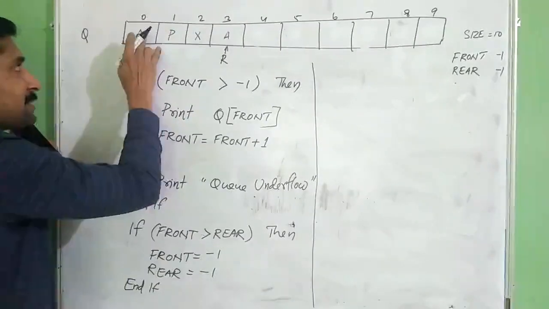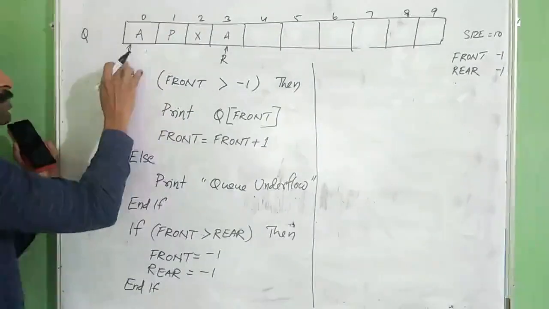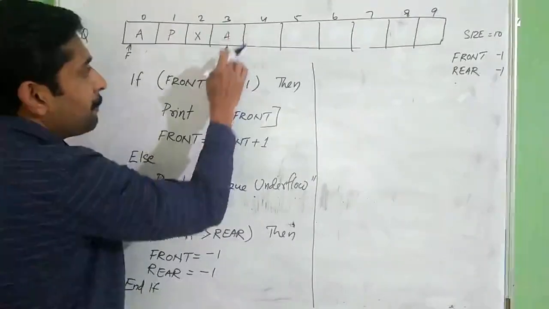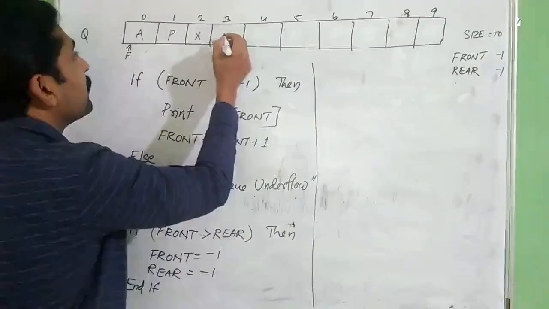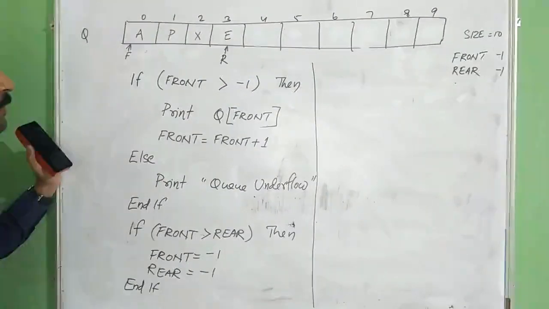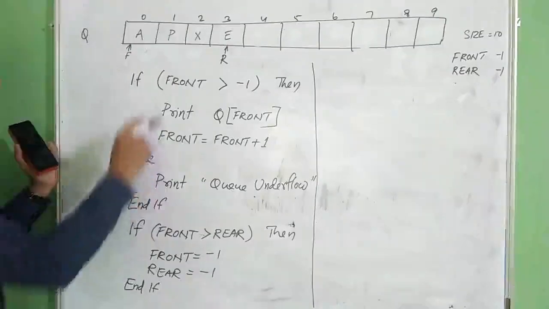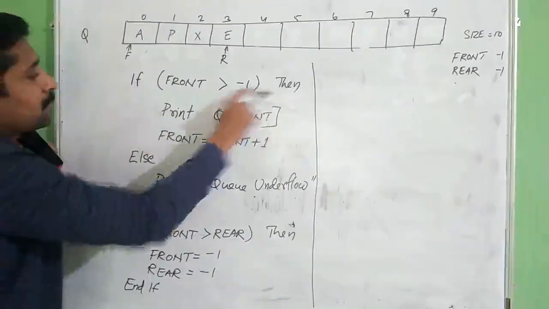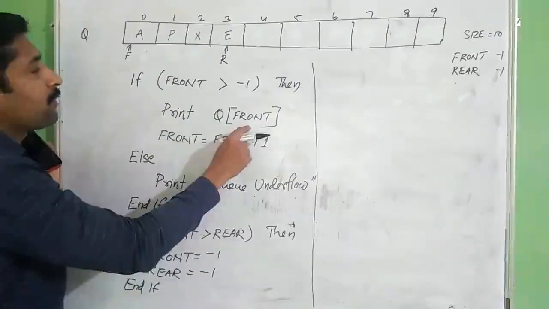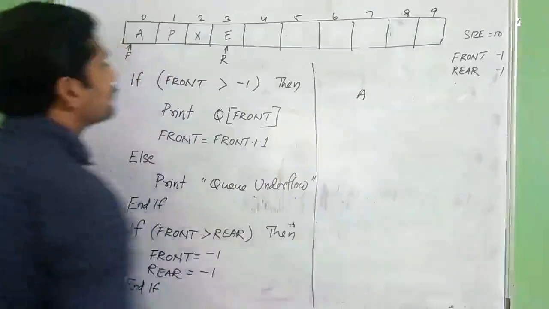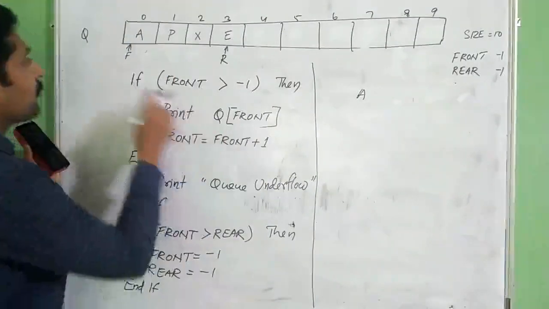The firstly entered item is A, so it is at the front, and the lastly entered item, for the time being, will be E, and it is at the rear end. Right. Now, if front greater than -1, front is greater than -1, then we print q of front. That is, A will be deleted from the queue. A is deleted. Then front equal to front plus 1.